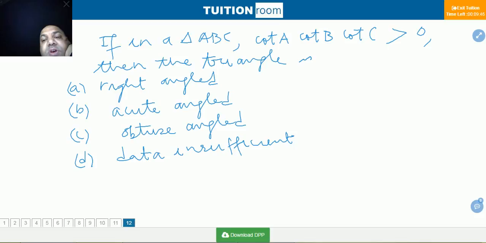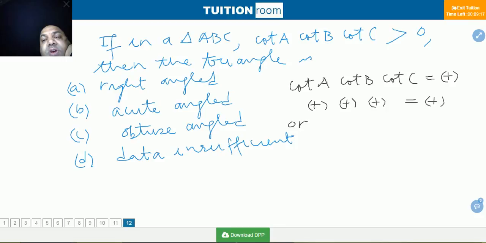It's a very simple question, and it can be a very tough question if you don't know the basics. Here it is given that the product cot A into cot B into cot C is positive. The product of three numbers can be positive if either all three are positive, or any two are negative and one is positive. We have two cases.